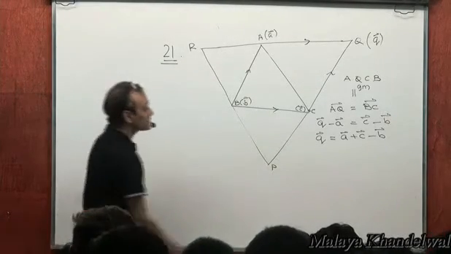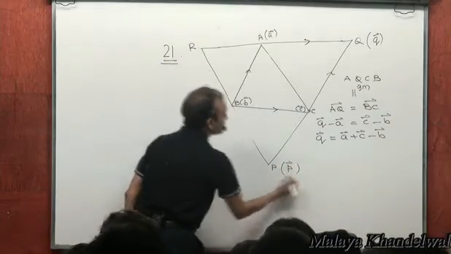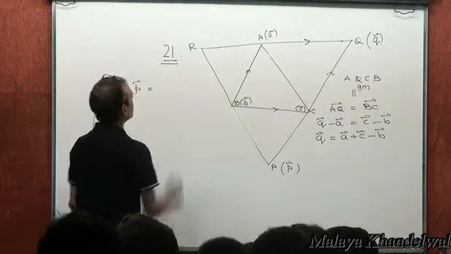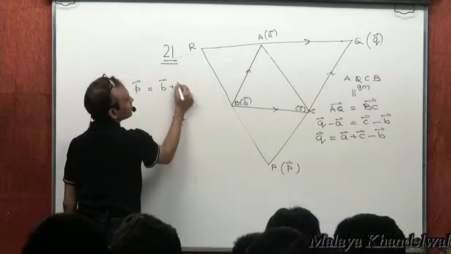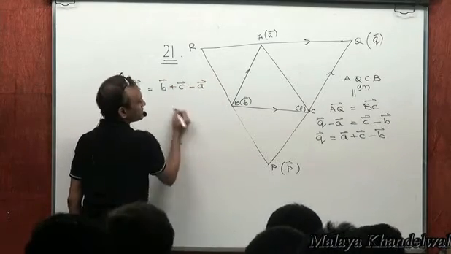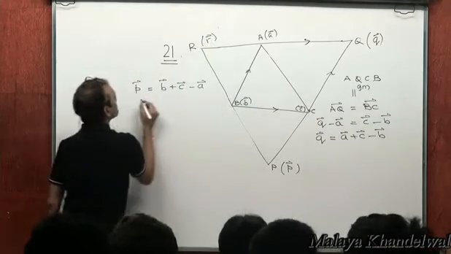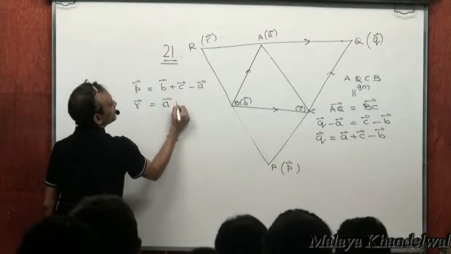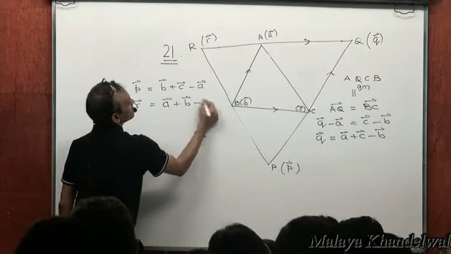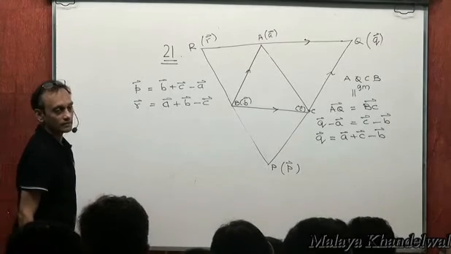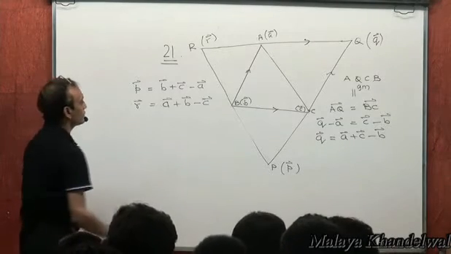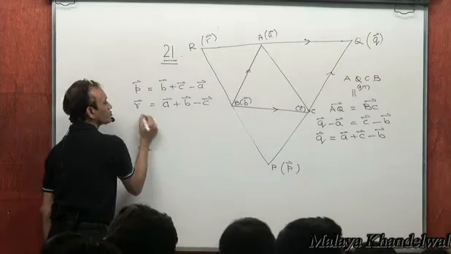Right? Similarly, exactly the same way, the position vector of P is going to be B plus C minus A, and the position vector of R is going to be A plus B minus C. The centroid of triangle PQR is going to be what?